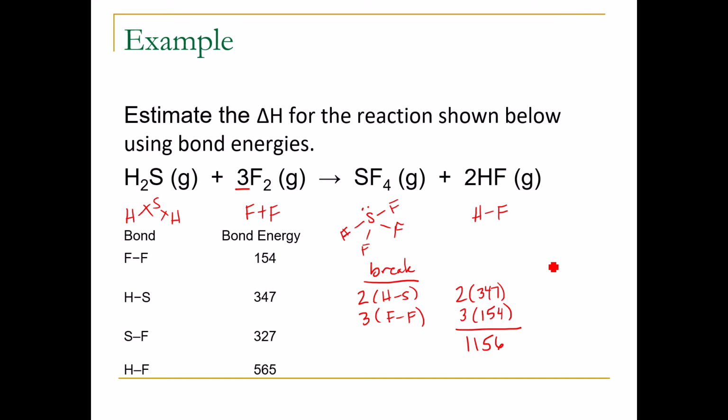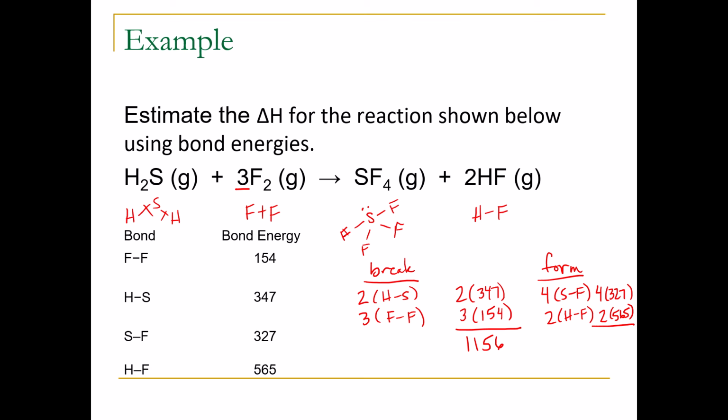And now we're going to look at forming. And I want to form 4 SF bonds and 2 HF bonds. So I have 4 times 327 and 2 times 565.